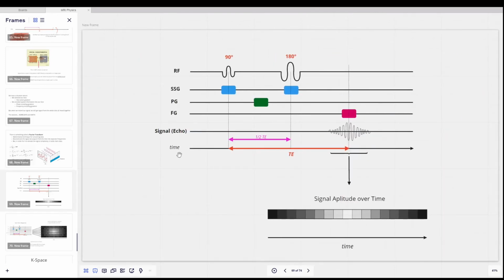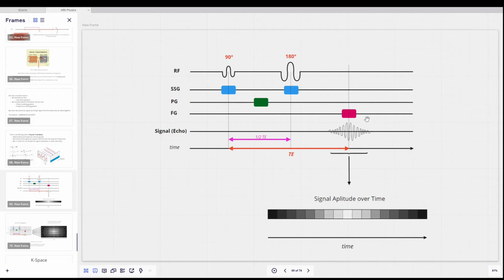So let's go back to our diagram. Same diagram again. I'm just going to repeat myself over and over so that this stuff sticks and makes sense. We've got our 90-degree RF pulse and our slice select gradient. We turn them on at the same time when we select our slice. We turn on our phase encoding gradient and eventually our frequency encoding gradient.